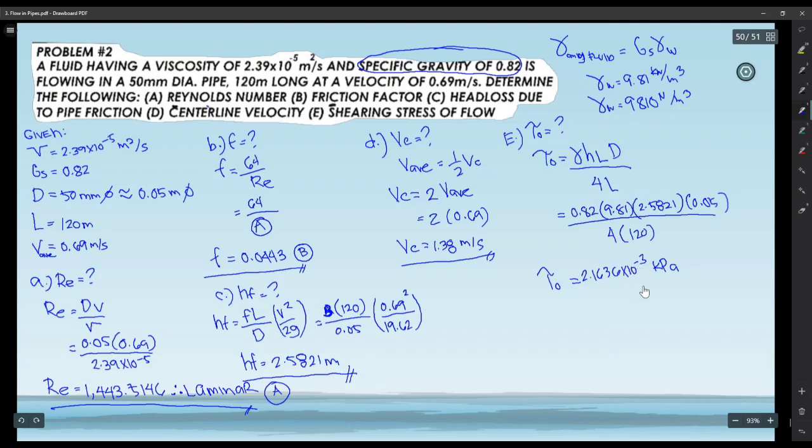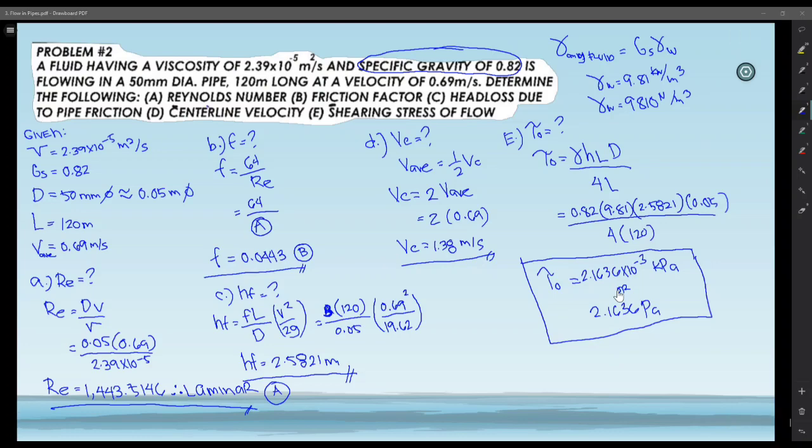So kaya siguro ang ginamit sa libro is yung Newton per cubic meter kasi maliit nga yung magiging sagot. So i-times ko ng 1,000 para naka-Pascal siya. Or 2.1636 Pascal. Okay, so any of these two answers is acceptable. Ayan. So, we're done with problem number 2.